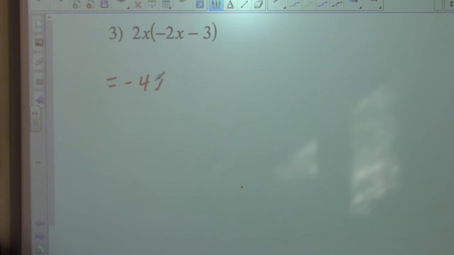Now does everybody agree with that? Anybody have trouble seeing how that happens? Okay, and then go ahead. Negative 6x. Okay, anybody have any trouble seeing how that happens? Okay, everybody's good on that? Okay, thank you, good work.